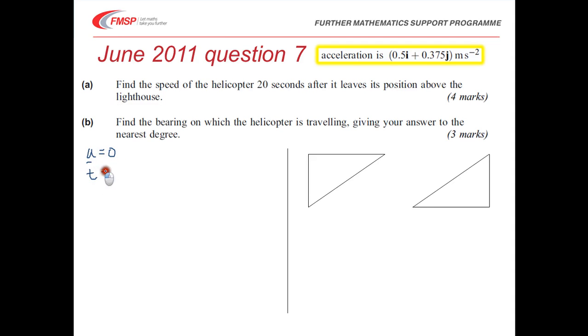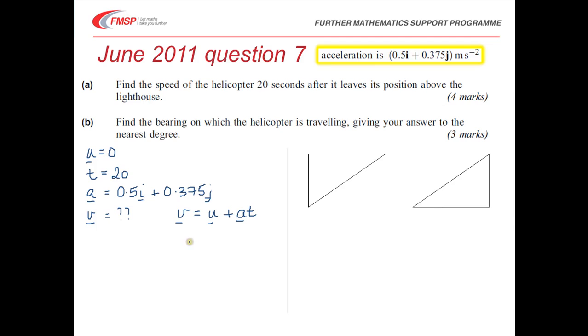We're asked to find the speed after 20 seconds, and we've got a vector for its acceleration, 0.5i plus 0.375j. And in order to find the speed after 20 seconds, what we will need to do is to find the velocity vector. And of course the equation which connects the final velocity with acceleration, time and initial velocity is going to be v equals u plus at.